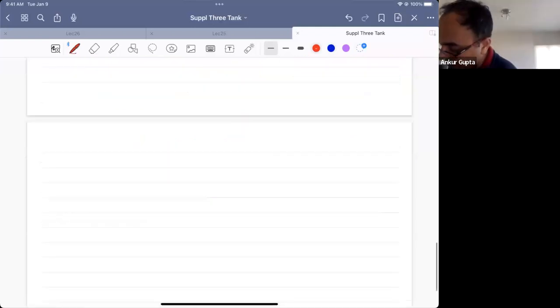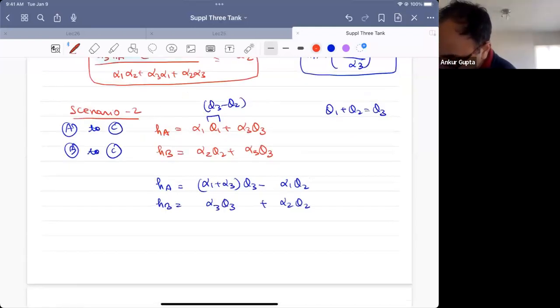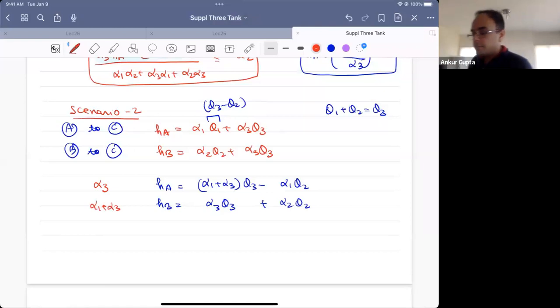And now I will multiply this by alpha 3, and I'll multiply this by alpha 1 plus alpha 3. Again, then I'll subtract them, the same process like I was doing before.